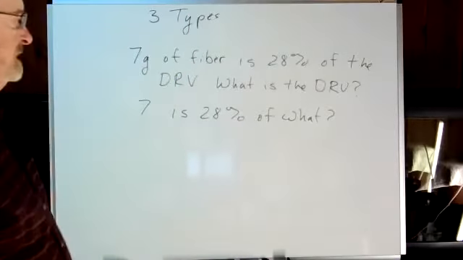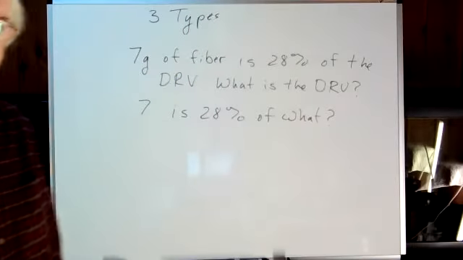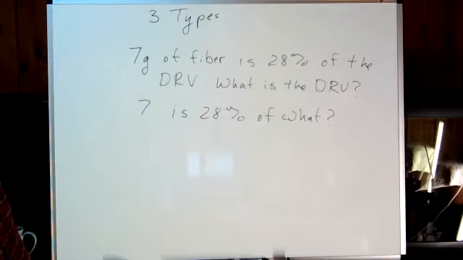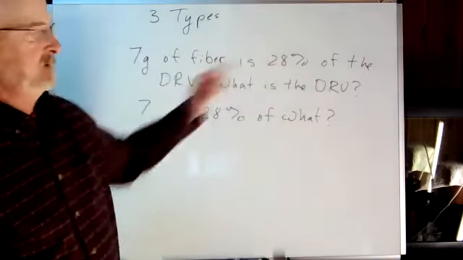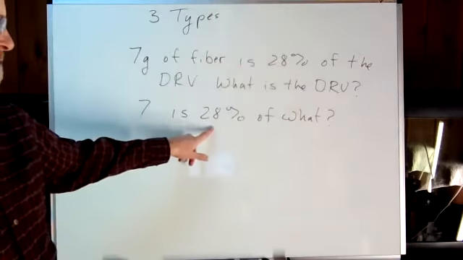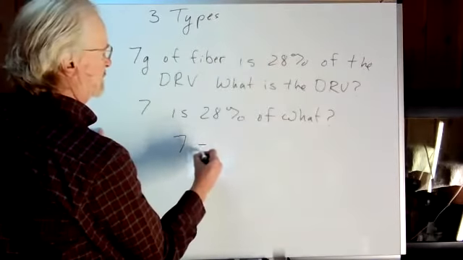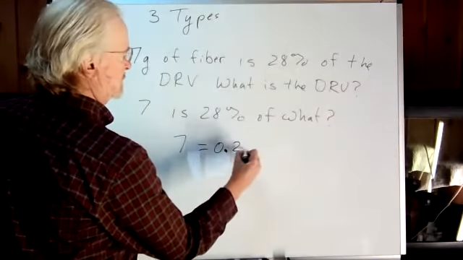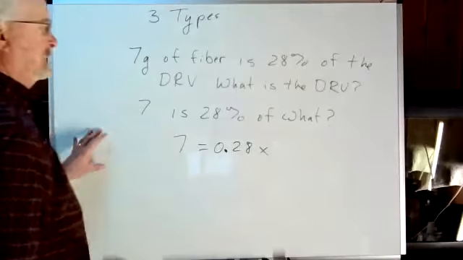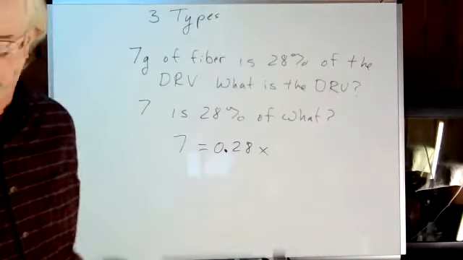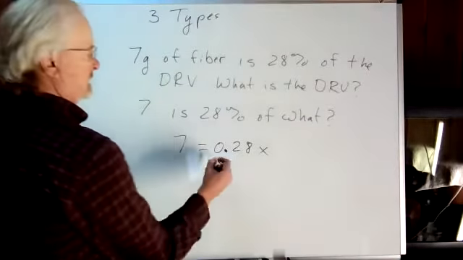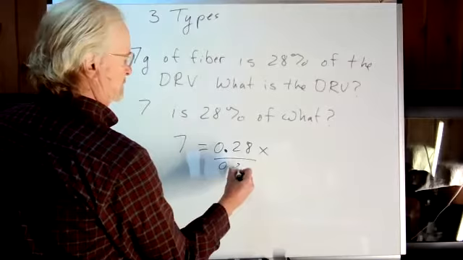Seven is 28% of what? And what that boils down to, right? The 7 grams is the 28%. 7 is 28% of some other value. Convert to decimal. Divide. You get x alone.